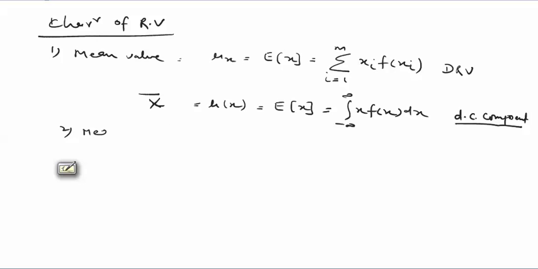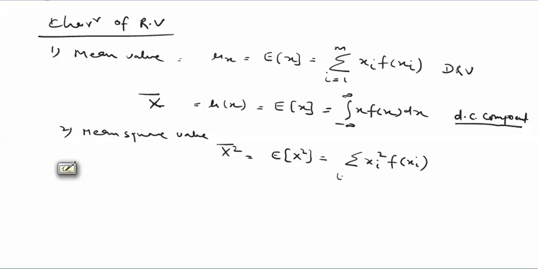Second is the mean square value. Square fx, i equals 1 to m for DRV.